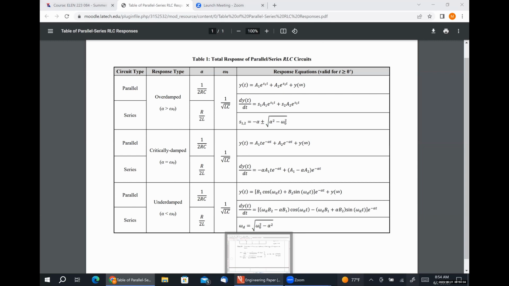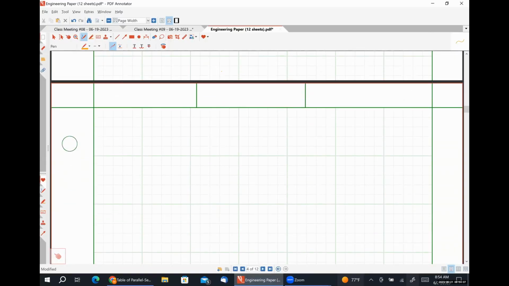So step number 5 will be to determine our quantities of interest.